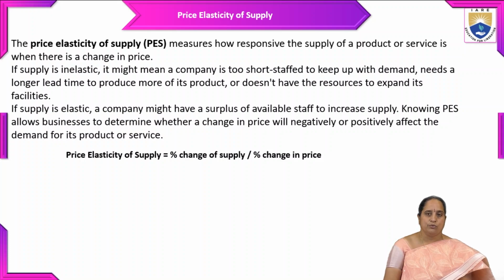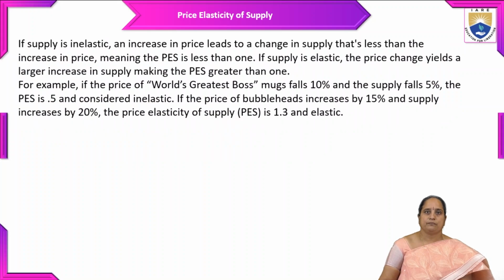They find this out with the help of the coefficient of price elasticity of supply, which is calculated by the formula PES is equal to percentage change in supply divided by percentage change in price. If supply is inelastic, an increase in price leads to a change in supply that is less than the increase in price. It means that PES is less than 1. If supply is elastic, then PES is greater than 1.